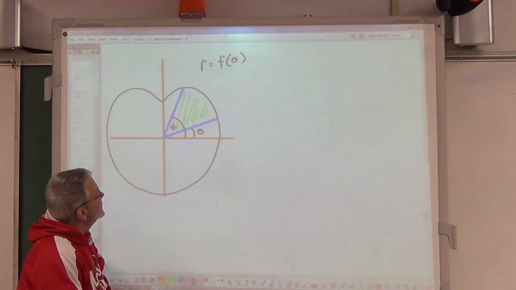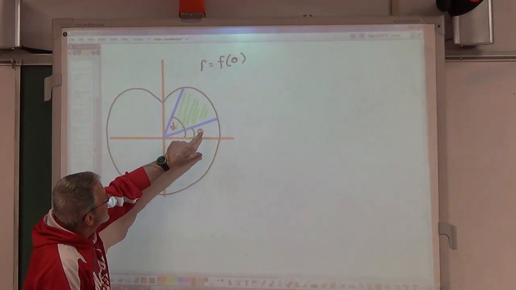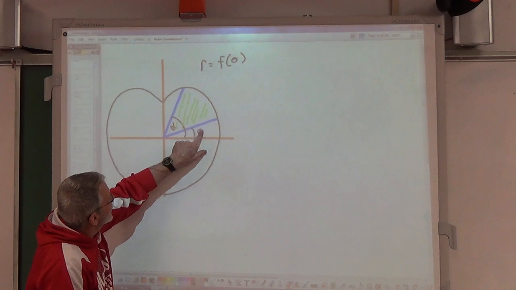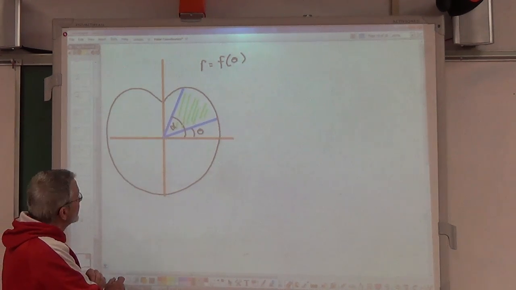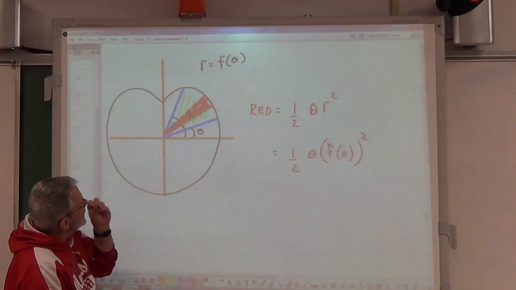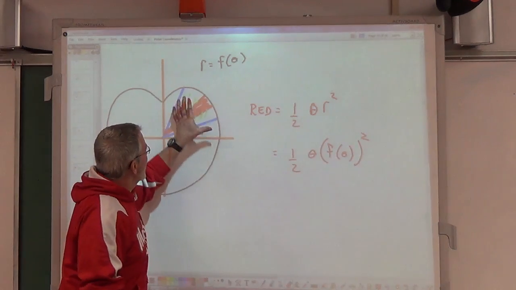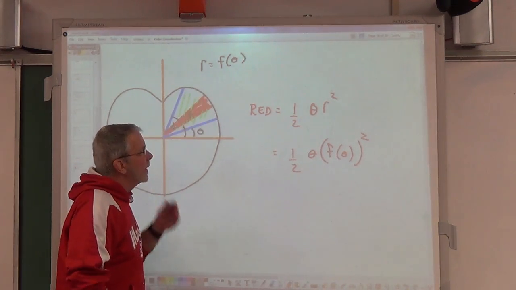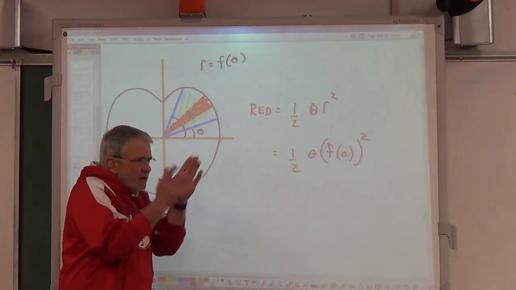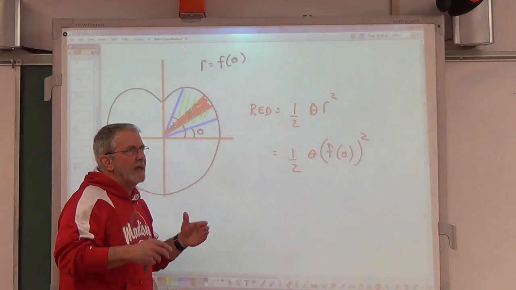But if I want to find that right here, I've got this ray here, this r, this is r of theta, this is a different r, and this is alpha. What I want to do is look at a little itty bitty increment of that sector, a little bit of increment of the area that I want. So small indeed that I'm going to think about it as being a portion of a circle.